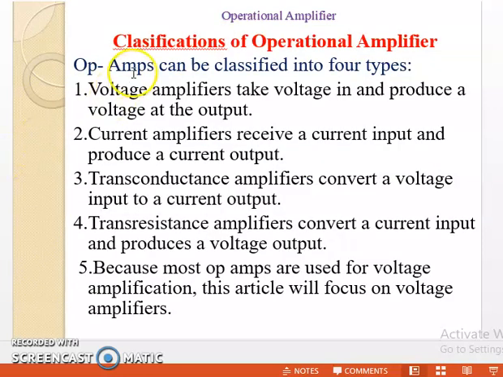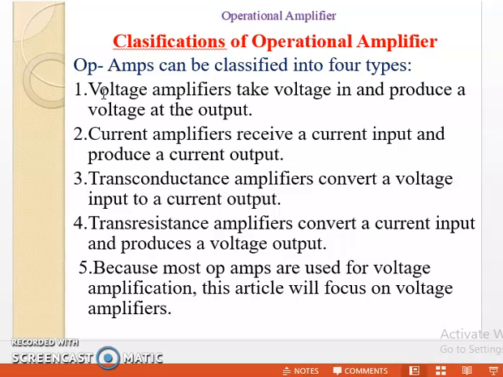The classification of amplifiers. Amplifiers are classified into four types. Number one, voltage amplifiers take voltage in and produce a voltage at the output. I mean, input is voltage, output is also voltage.